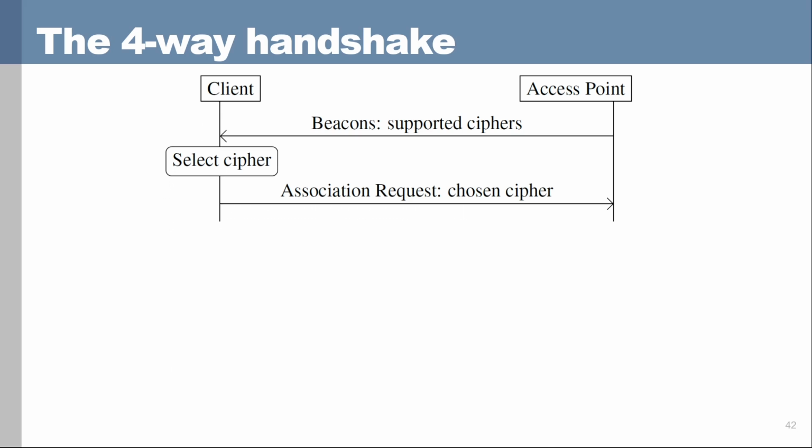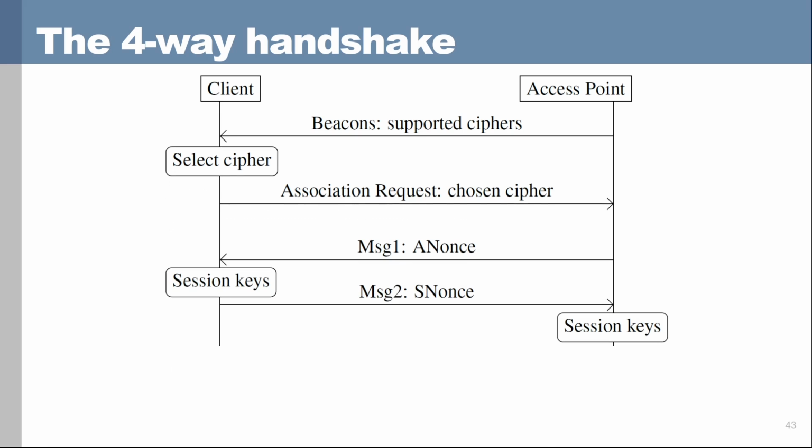Then the client will select either TKIP or AES, and it will send an association request to the network. This packet basically tells the network, I want to join, and this is the cipher I want to use. In reply to that, the access point generates a random nonce. The client will also generate a random nonce.